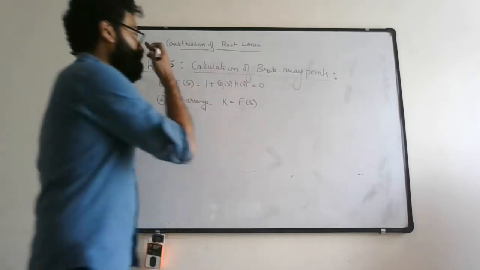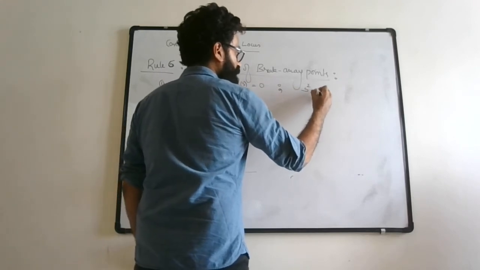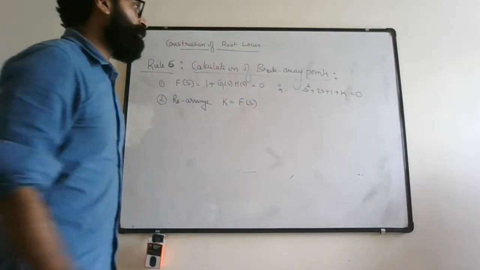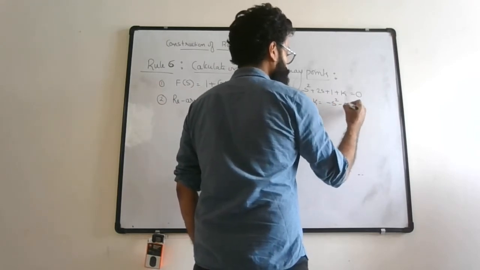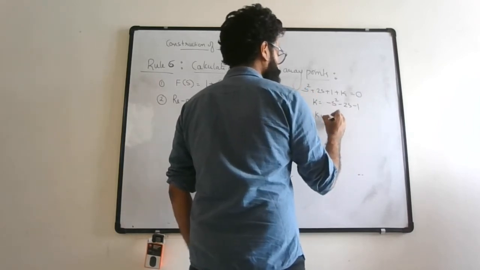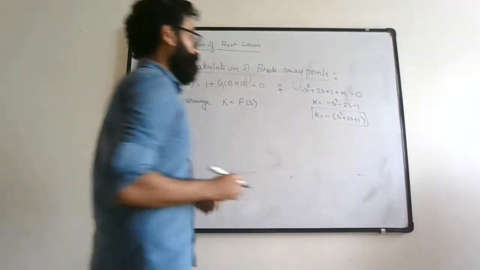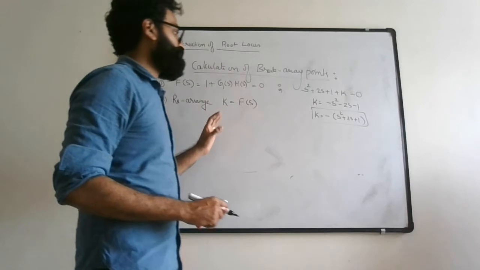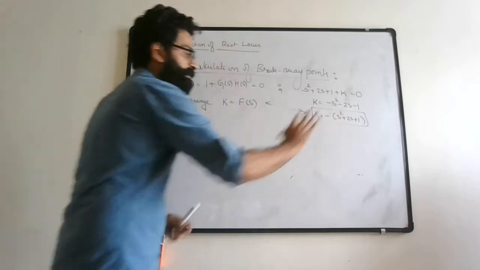For example, let us say you have the characteristic equation as s square plus 2s plus 1 plus k equal to 0. You can write k equal to minus s square minus 2s minus 1, or k equal to minus of s square plus 2s plus 1. So rearrange the equation with k on the left hand side and factors of s on the right hand side. I have given the example straight away.